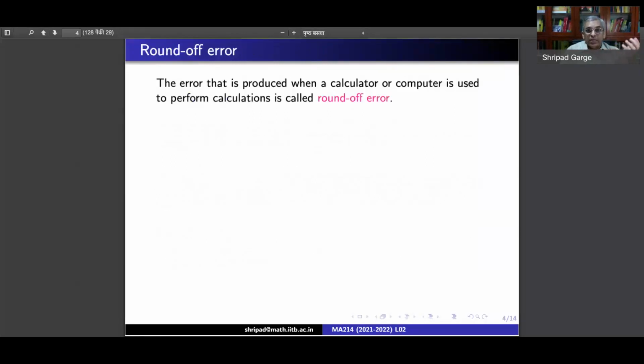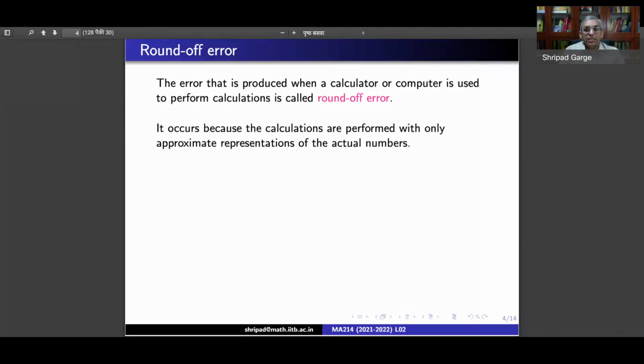So there is an error produced because of these approximations, and the error that is produced is called round off error. We will see some examples of this. It occurs precisely because the calculations are performed using approximate representations of the actual numbers. We are not doing the calculations with the actual numbers; we are doing them with the approximations. That's why these errors come.